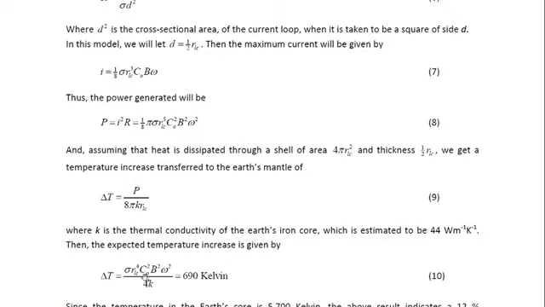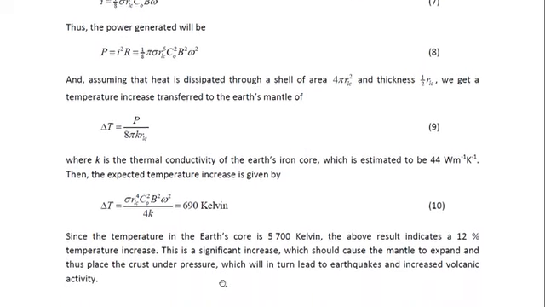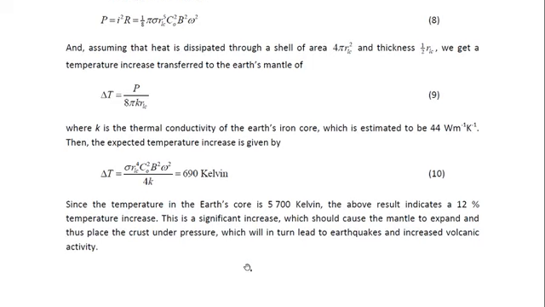And when all the values are inserted that have been given, for example, the thermal conductivity K is 44 watts per meter per Kelvin, we obtain 690 Kelvin. Now, since the temperature in the Earth's core is 5,700 Kelvin, the above result indicates a 12% temperature increase. This is a significant increase, which should cause the mantle to expand and thus place the crust under pressure, which will in turn lead to earthquakes and increased volcanic activity.